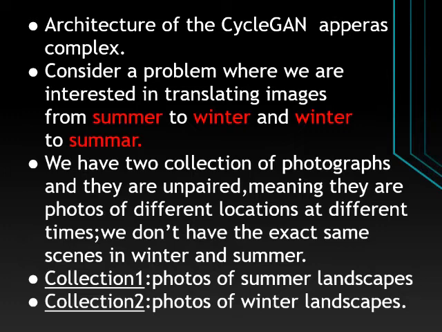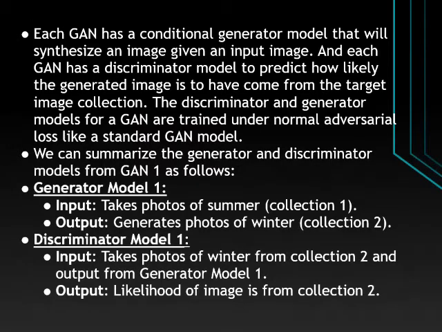We don't have the exact same scene in winter and summer. And each GAN has a conditional generator model that will synthesize an image given an input image. And each GAN has a discriminator model to determine the plausibility of the generated image.